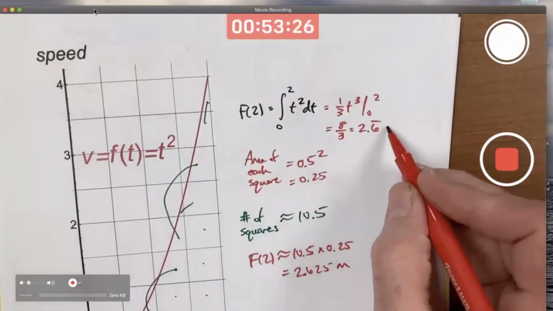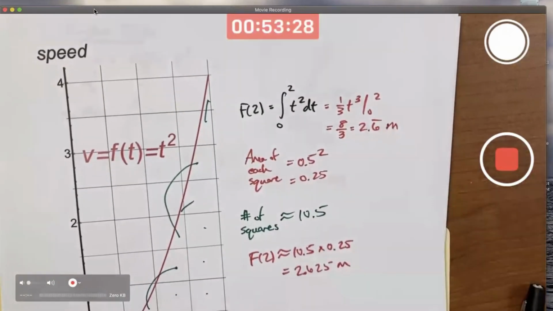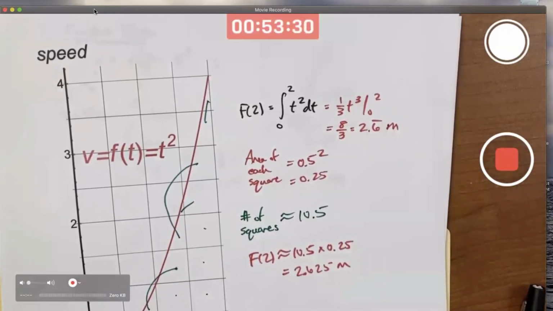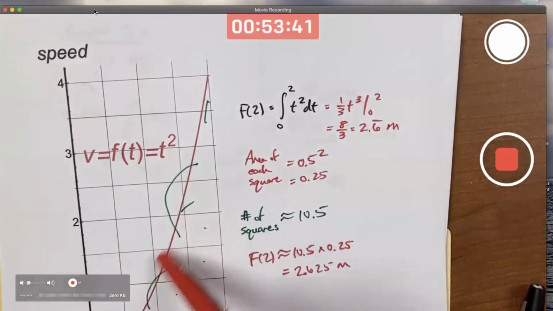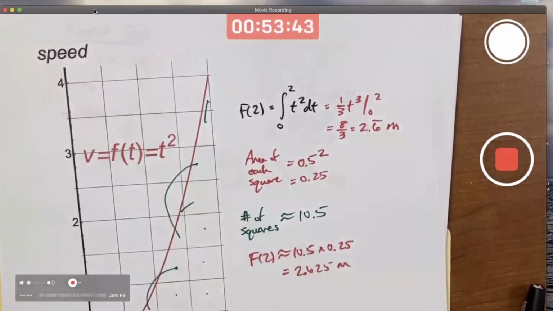That's the quote unquote exact distance traveled. Although in reality, in real life, you'd never know the exact speed, you only can approximate things. When I assume I've got a function like this, I'm assuming I've got infinite precision in my measurements, which is not realistic.